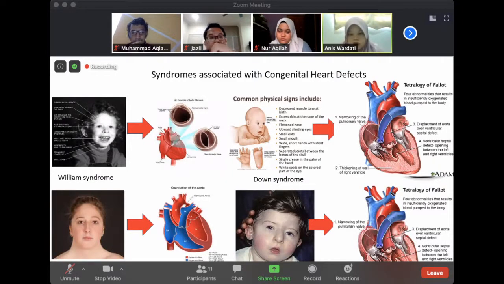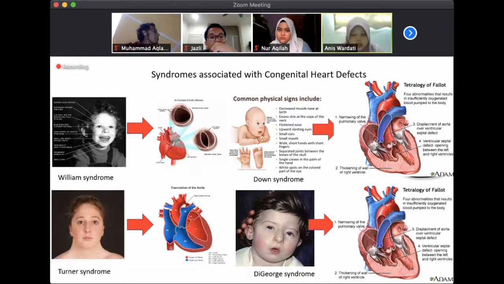C is for congenital heart disease, A for abnormal facies, T is for thymic hypoplasia, C is for cleft palate, and the last one is hypocalcemia. What happens in DiGeorge syndrome is that because of the microdeletion of chromosome 22, it will affect the embryological process.